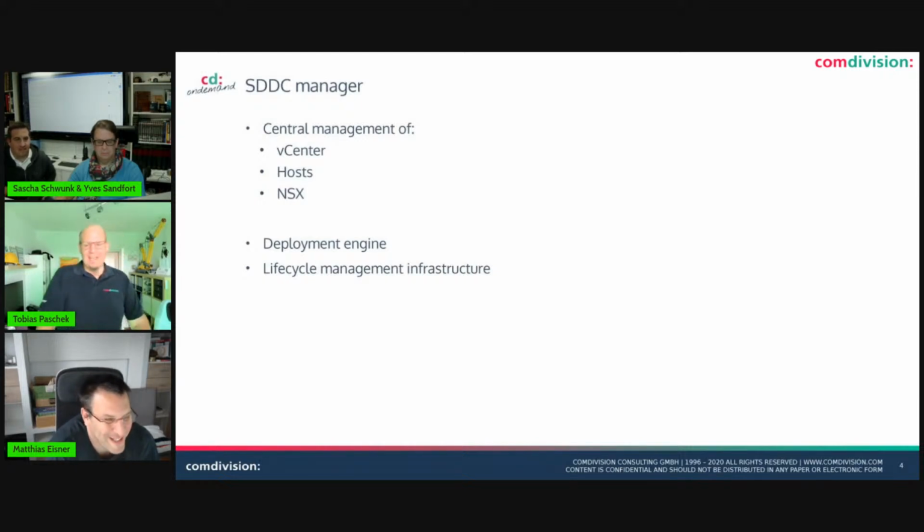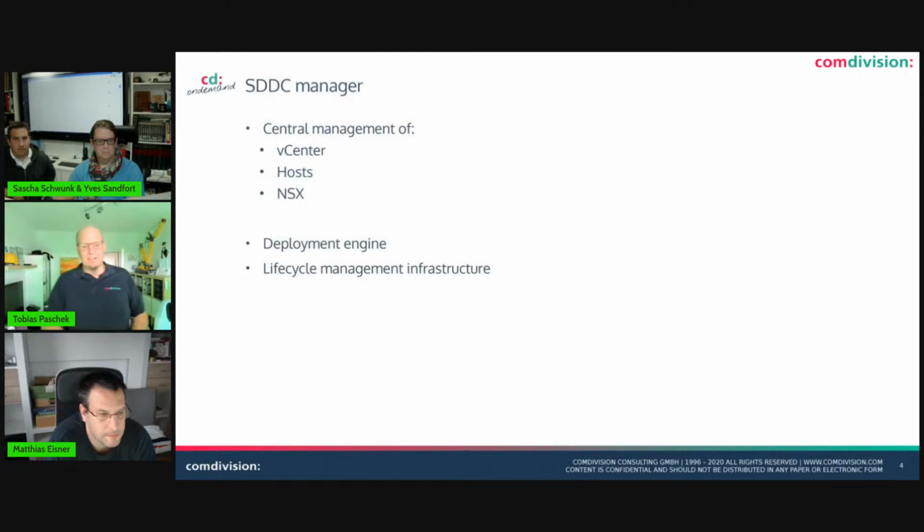Thanks, Matthias. Yeah, the basic management instance of the whole vCF story is always our SDDC manager. So the SDDC manager is part of the initial deployment process, and after the initial deployment has been done, we start to bring on our new workload domains, our additional workload domains, whatever we would like to achieve from the SDDC manager.